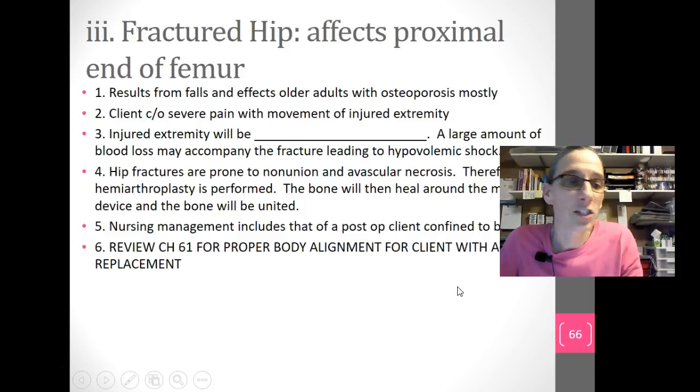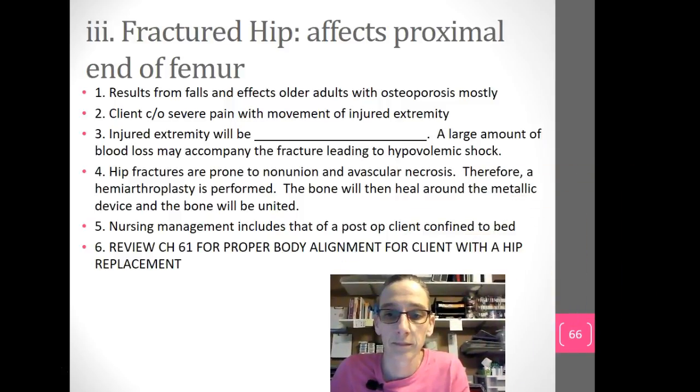All right, fractured hips affect the proximal end of the femur. They result from falls and affect older adults with osteoporosis mainly. The client will complain of severe pain with movement of the injured extremity, or they may not be able to move it. Hip fractures are often a fracture of the femoral neck.